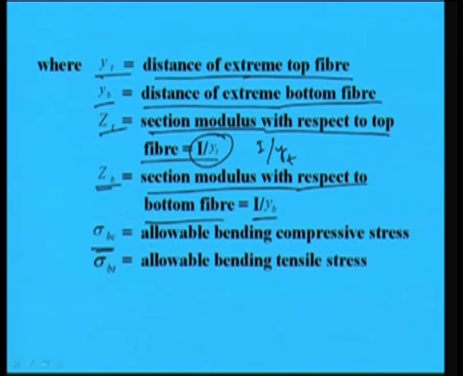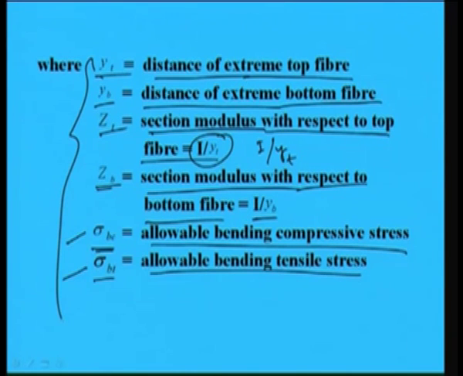Sigma b c is the allowable bending compressive stress and sigma b t is the allowable bending tensile stress. These are the parameters we know, from which we can find the compressive stress sigma c and sigma t.